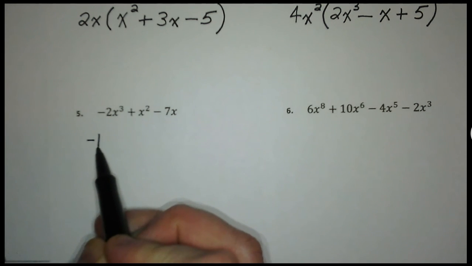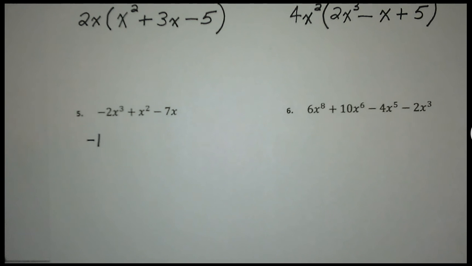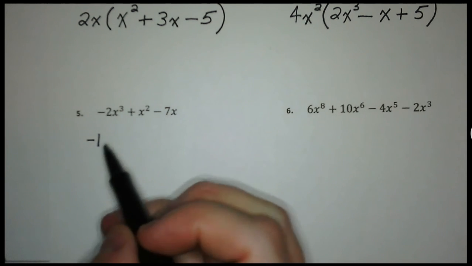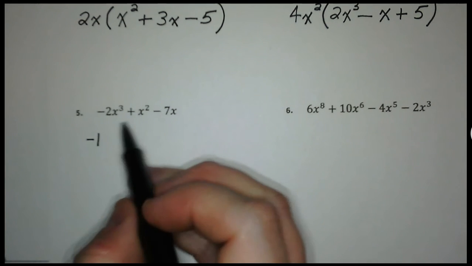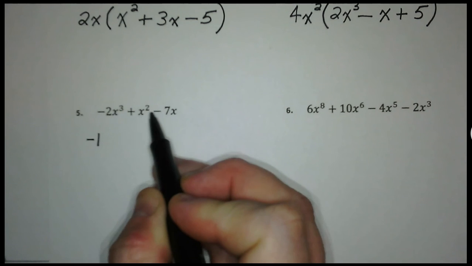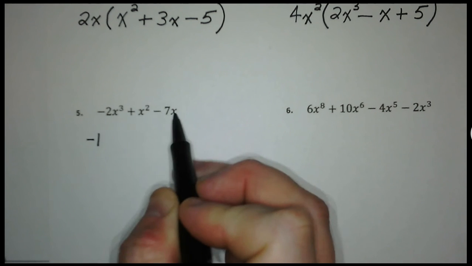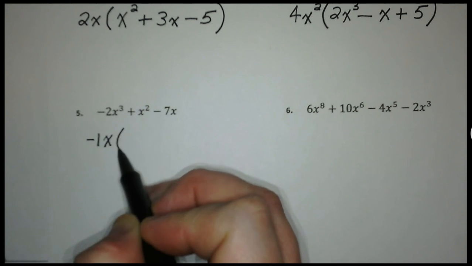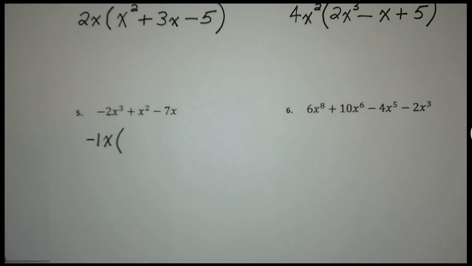And this is not much better, but you definitely need to bring out the negative, or a negative 1. Now, do they all have anything else in common? Yeah, they all have at least x to the first. They all share an x, so you can divide out an x from all three terms.